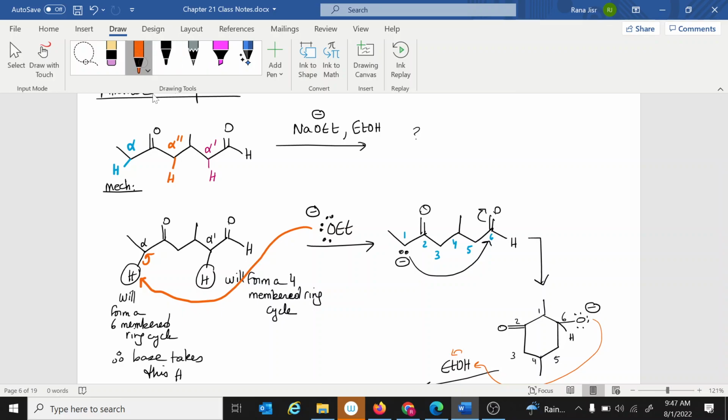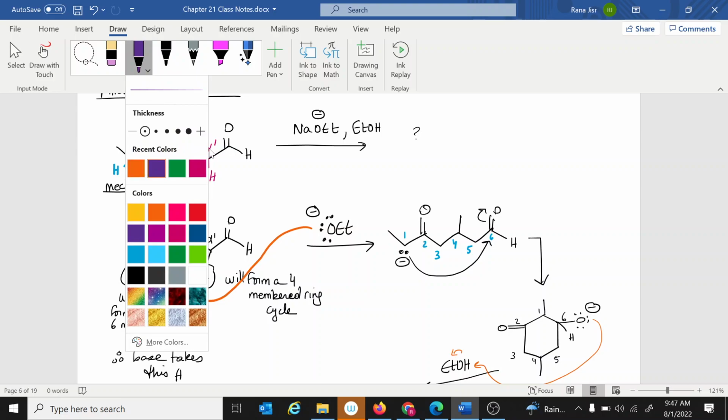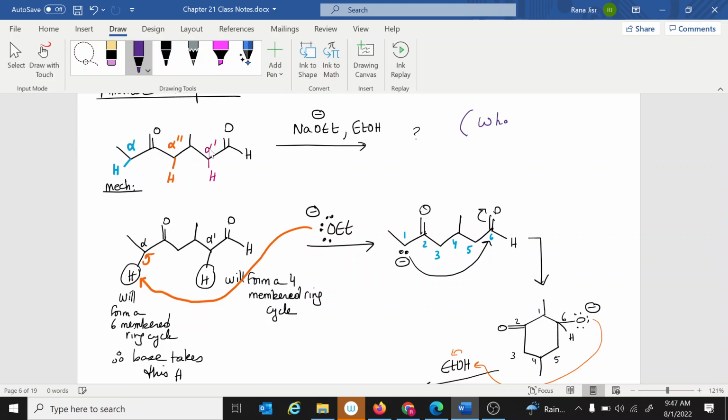Please put this as a note for here. What drives the reaction is forming more carbons in a cycle up to 6 carbons.